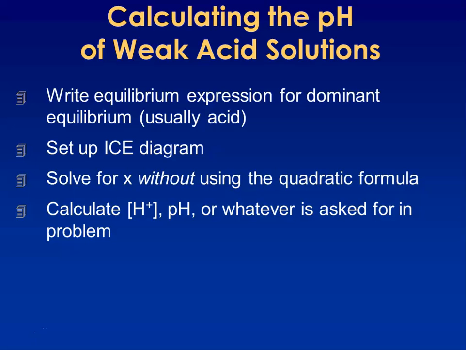We are going to exclude the X because these are only going to weakly dissociate. So in terms of the change in the initial acid's concentration, we're going to assume that it is not changing enough for us to consider it in our calculations. And once we have that value of X and we know what our hydrogen concentration is, we can use that to calculate what we're looking for.